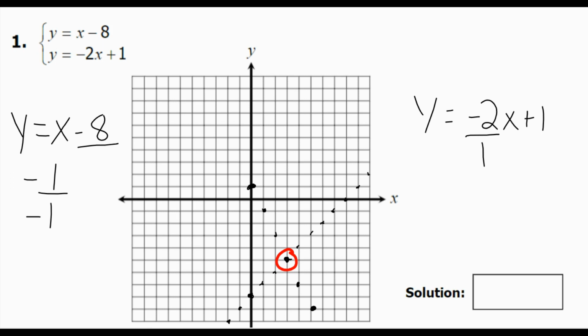If I were to draw in two lines here, I would still see this regardless with my points, and these would be my lines where they intersect at that value. This value is the ordered pair (3, negative 5). So my solution to this system of equations is (3, negative 5).